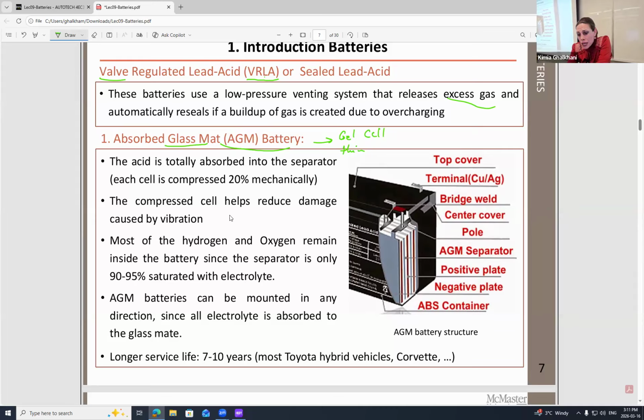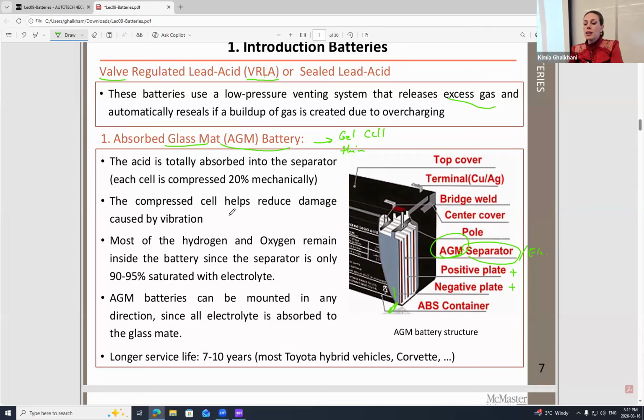Look at here, we have the separator or electrolyte, the positive plate or anode, cathode, and then the container. The container is a different material, but still we have acid, and we need that acid to be absorbed through this glass, right? Therefore, fiberglass.